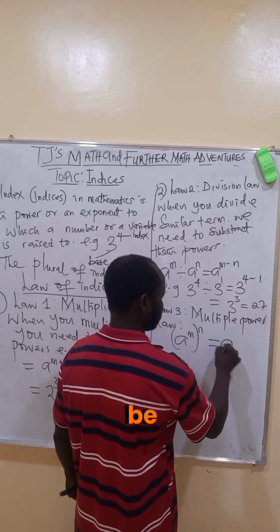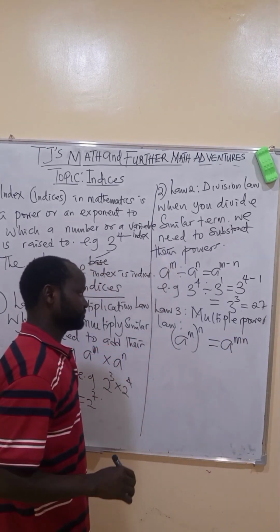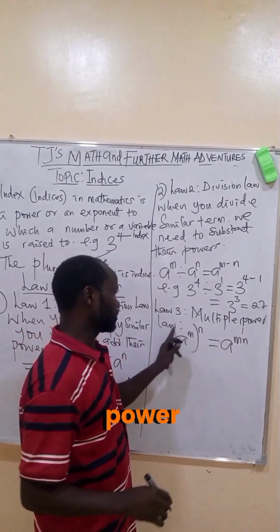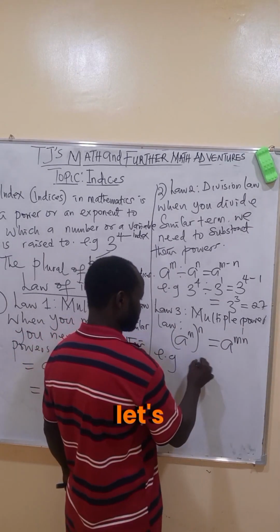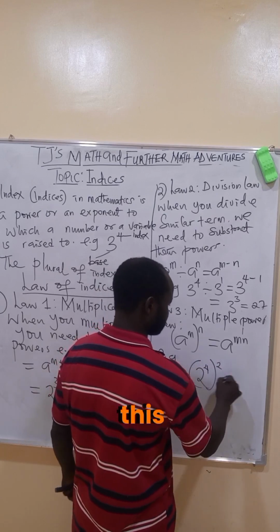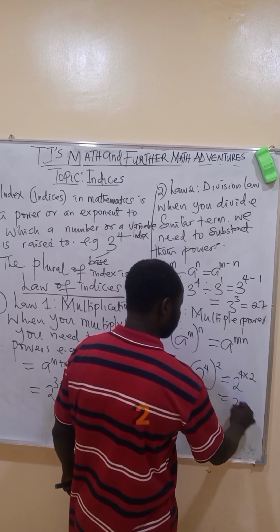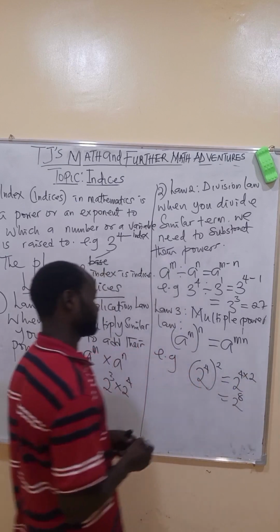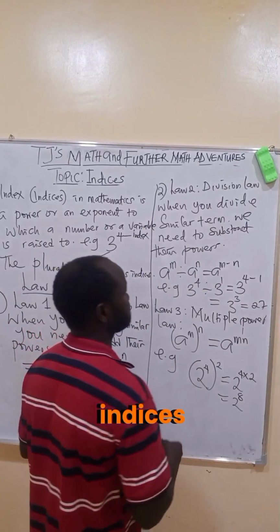This will be a power m times n. This is what we mean by multiple power law of indices. E.g., let's say we have 3 power 4 all in power 2. This will be 3 power 4 times 2, which is 3 power 8. So this is the third law of indices.